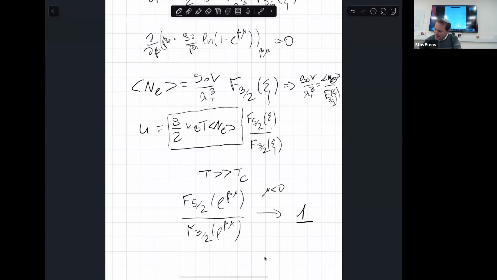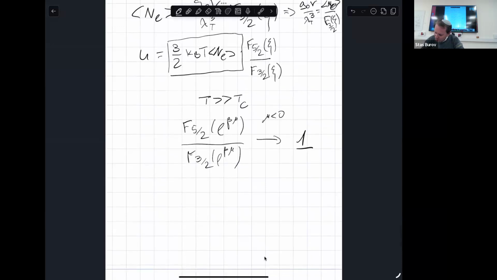And we observe exactly that U goes as 3/2 k_B T N excited. Okay? Equipartition theorem. Great.